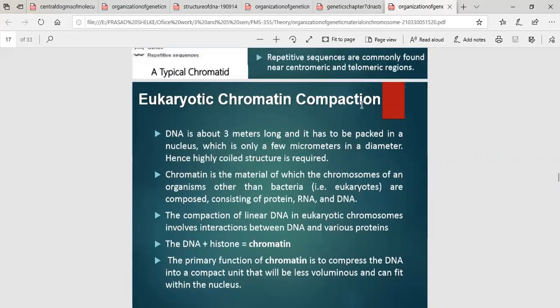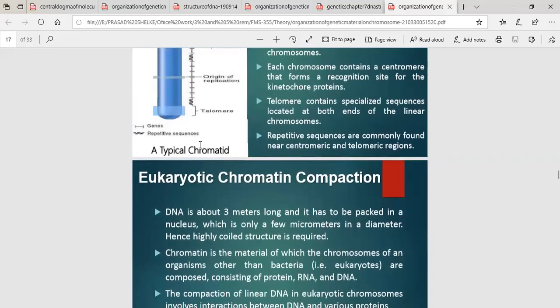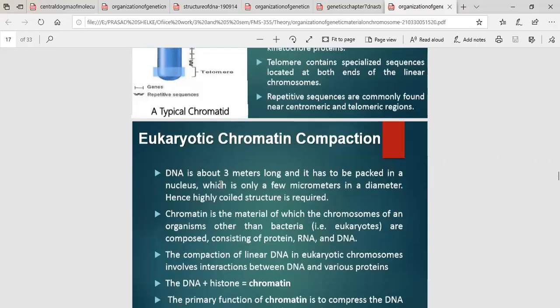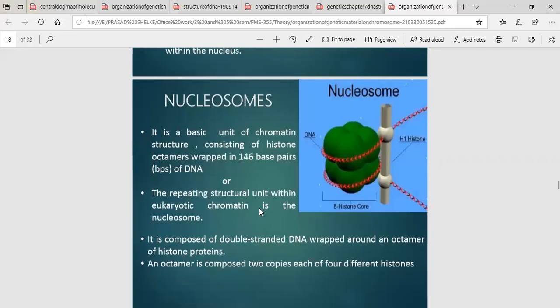So for eukaryotic chromatin compaction, this chromosome or chromatid is composed of nucleosomes. What is a nucleosome? It is a DNA molecule bound around a histone core. Histone core proteins are important proteins that bind the DNA. Here you can see this linear DNA molecule bound around them.